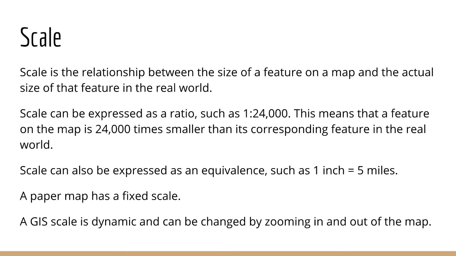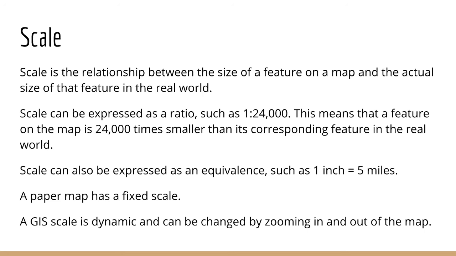Well, let's look at what it really means. When you say a large scale map of a small area, 1 to 24,000 is a reasonably small area. It's a large scale map. 1 to 100,000 is a larger area and a smaller scale map, because 100,000 on the ground is a bigger area than 24,000 on the ground, right?